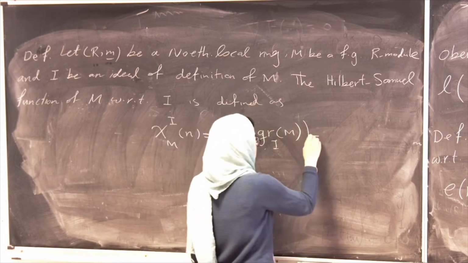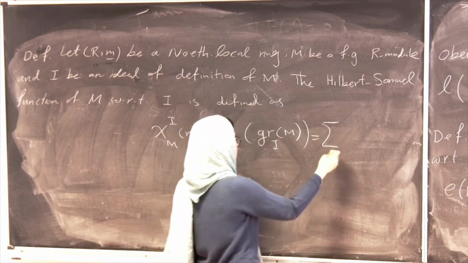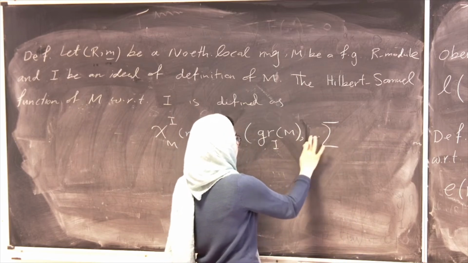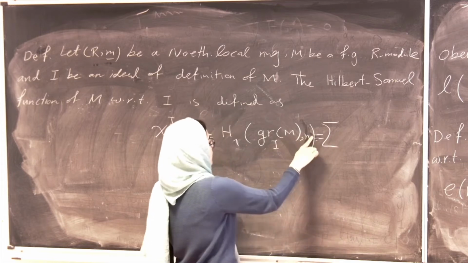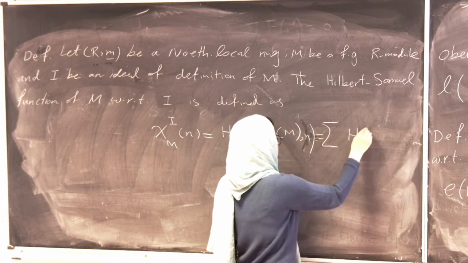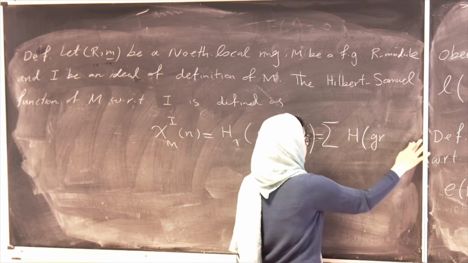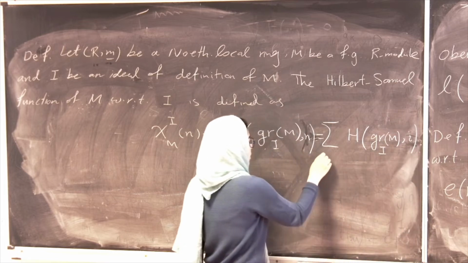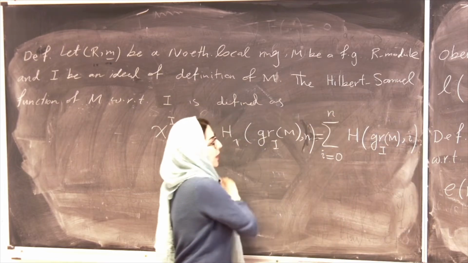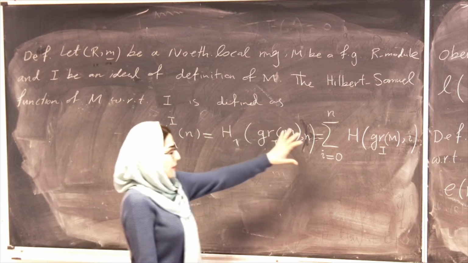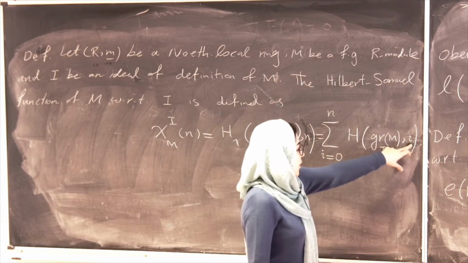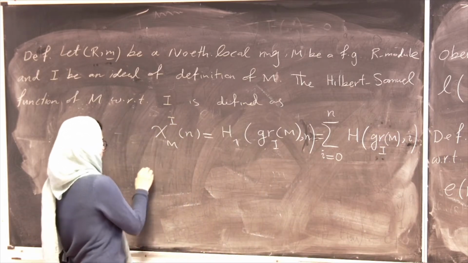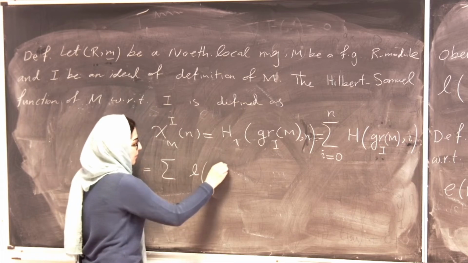So what does it mean? By definition, this is just the sum of Hilbert functions of this graded module, for i going from 0 to n. But we know the degree i components of these modules, so this is just the sum of these lengths.